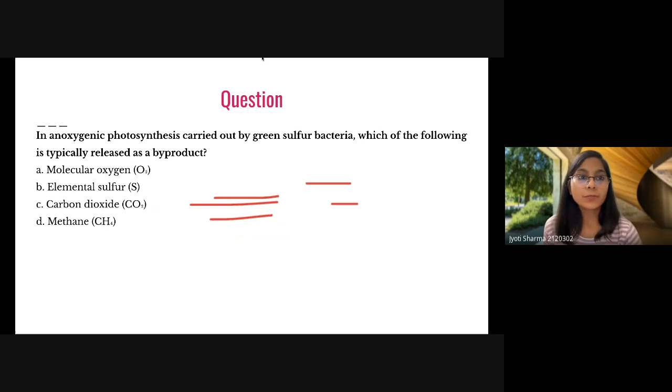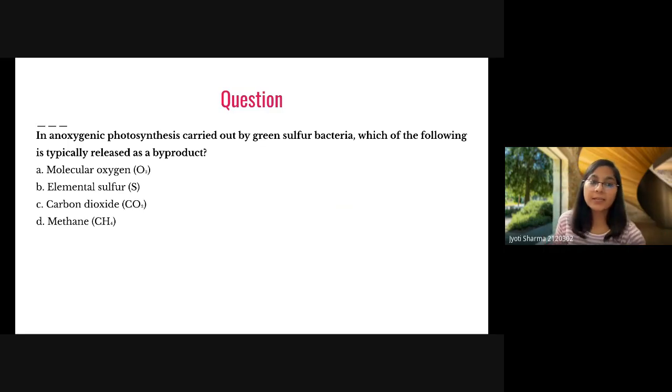Okay, so coming to the next question. Now we have moved on to the next lecture, in which we will talk about photosynthesis. It can be in the presence of oxygen, it can be in the absence of oxygen, the carbon source may be organic, or the energy source may be inorganic in nature.